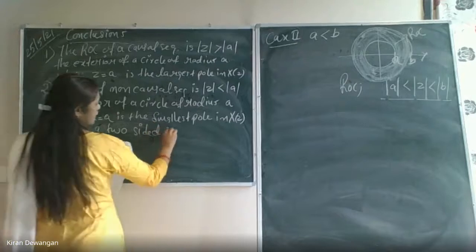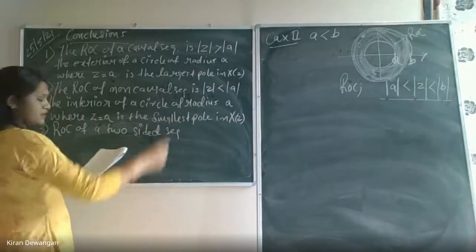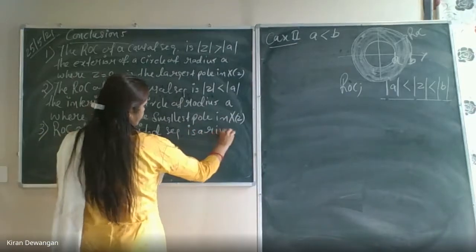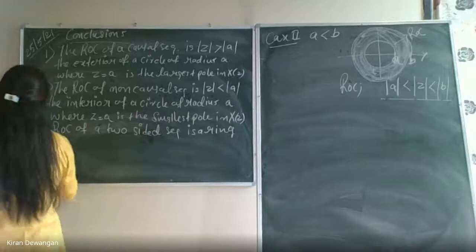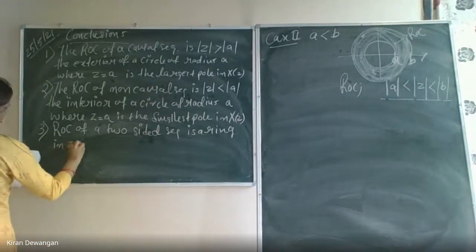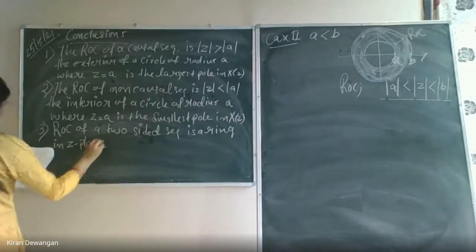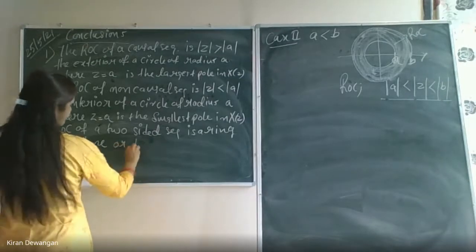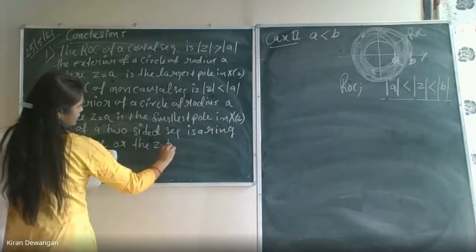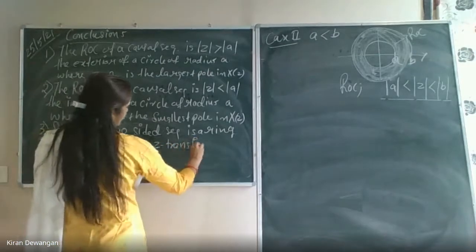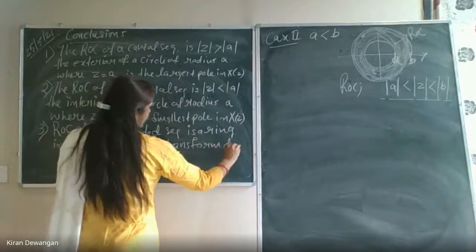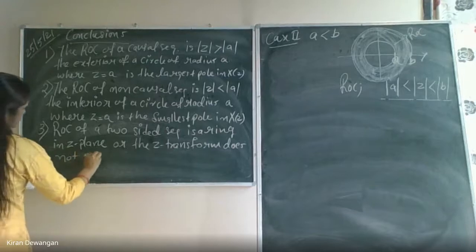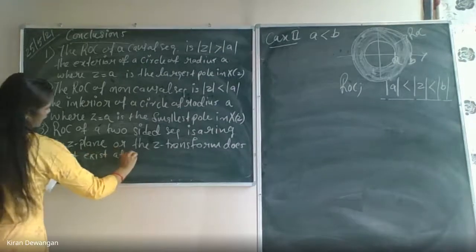As we have seen in the previous lecture, the ROC of a two-sided sequence is either a ring in the Z plane, or the Z transform does not exist at all.